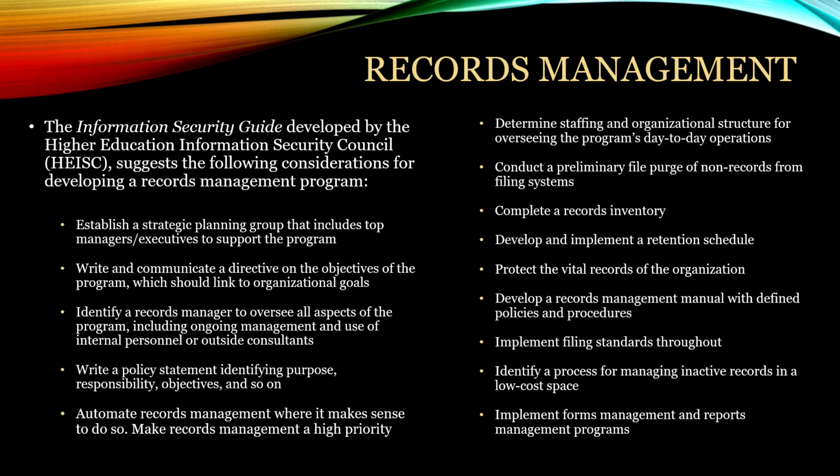Establishing a strategic plan, writing communication directives, identifying record management, writing policy statements, responsibilities, objectives, and so on, automate record management, determine staff and organization requirements, conduct a preliminary file purge, complete a records inventory, develop and implement a retention schedule, protect vital records, develop a record management manual, and have appropriate policies, procedures, and guidelines, implement filing standards throughout the organization, identify a process for managing inactive records in a low-cost space, and implement form management and reporting management programs to ensure proper record management.